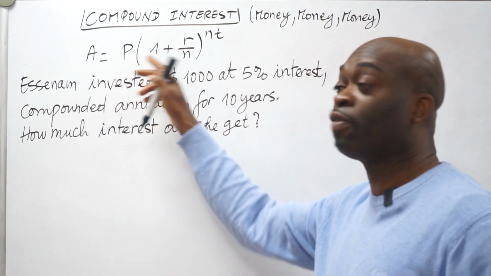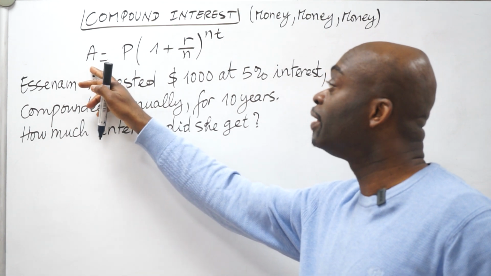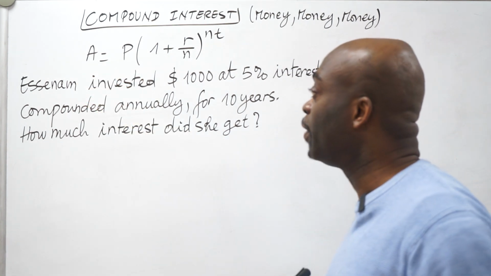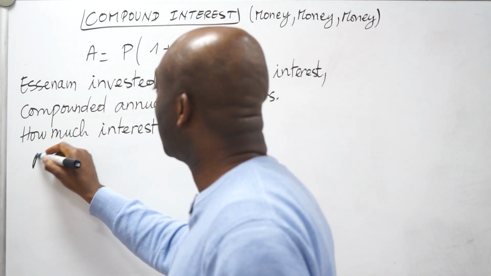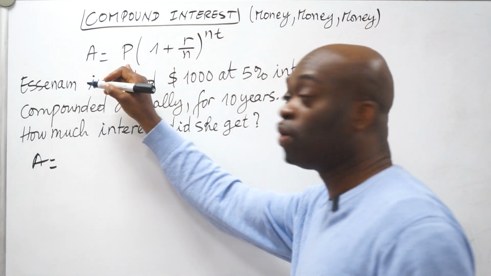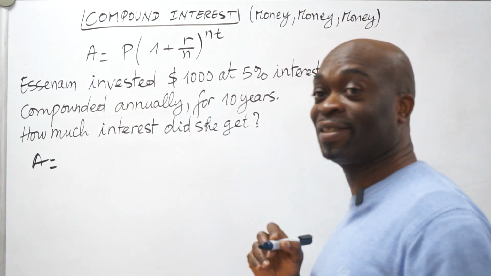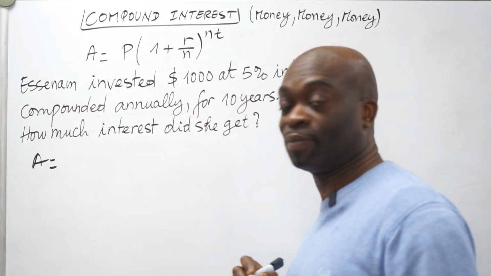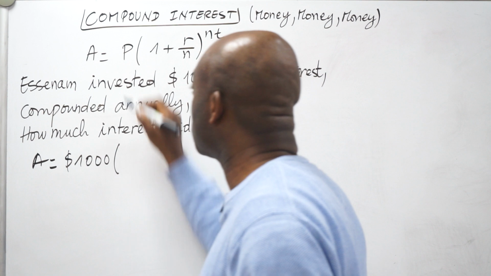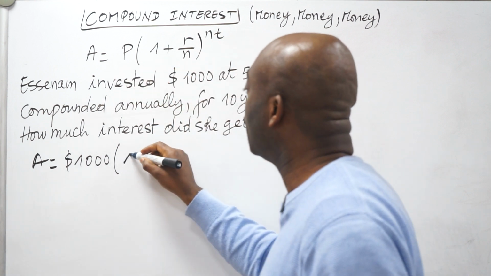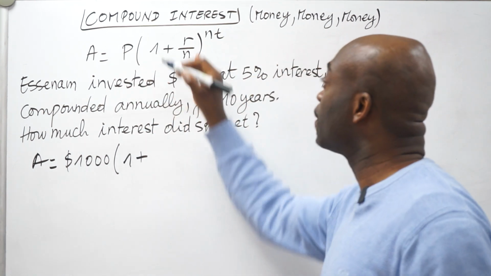So that means the future value, which is going to be A. So let's go for it. Let's go with the formula. A equals the principal that has been invested, which is 1,000 euros, times, we just follow the formula, 1 plus the rate.